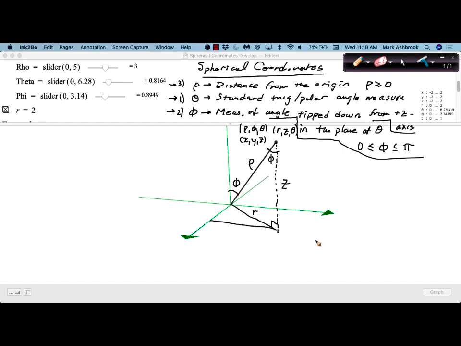That's better. That's y. What's x? That's x, right? And finally, where's theta in this picture? Right, it's the openness from x to r, right?